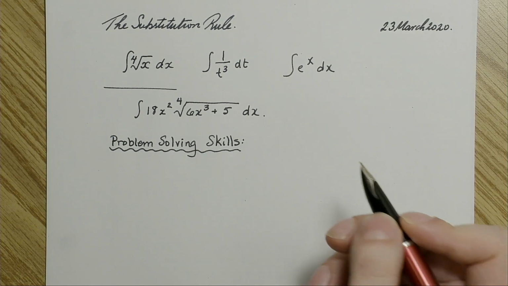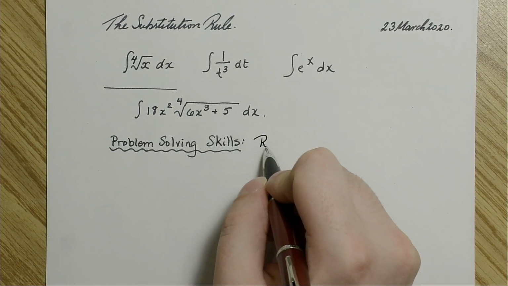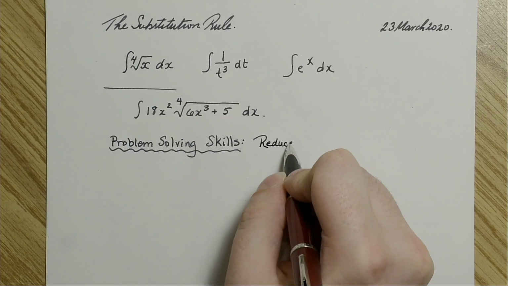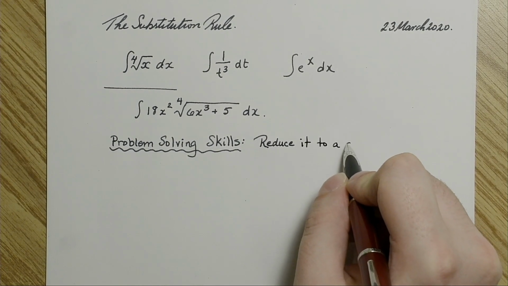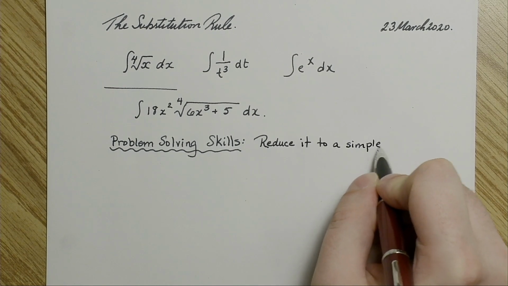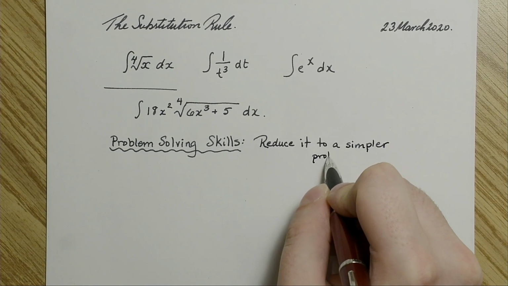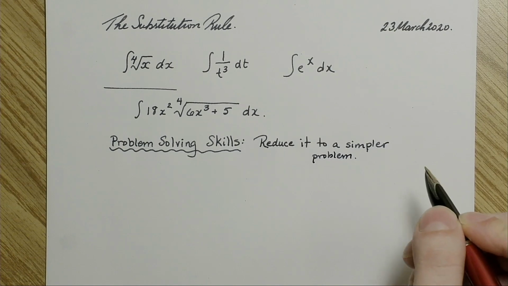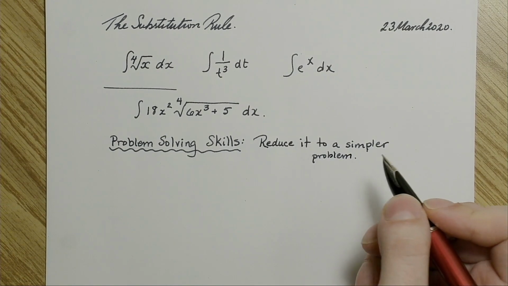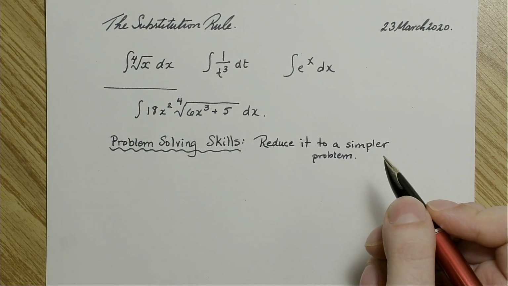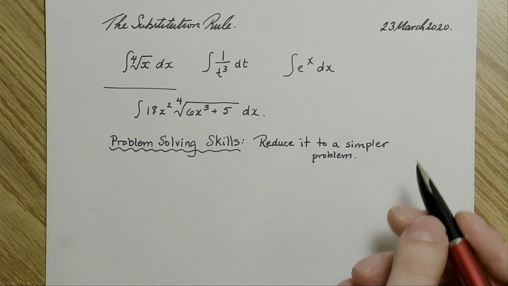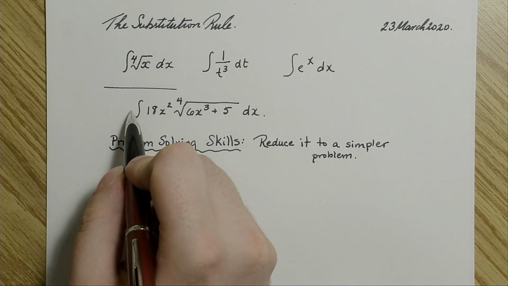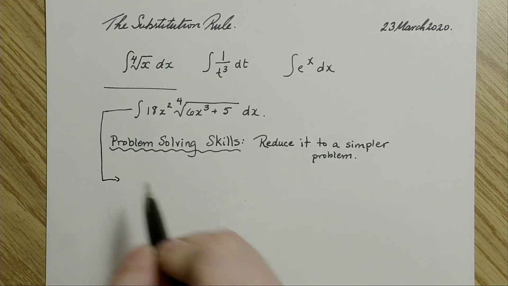But this one is: reduce it to a simpler problem. And once we reduce it to a simpler problem, hopefully it's a problem that we know how to solve. And that's what we're going to do. We're going to work with this example.